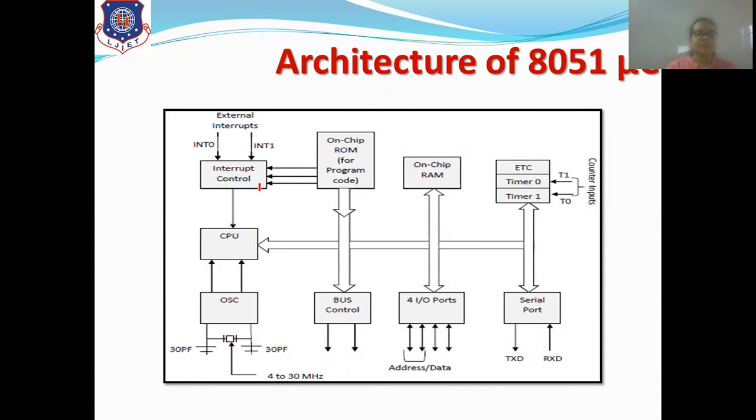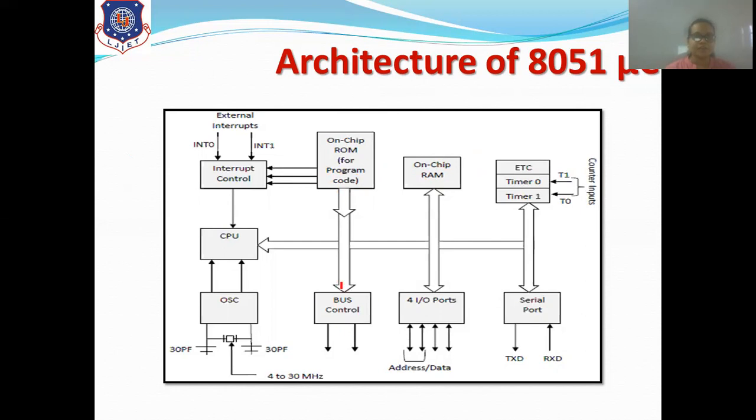Various peripherals are connected with the CPU. First is interrupt control, in which there are two external interrupts, INT 0 and INT 1, interrupt 0 and interrupt 1. Then it has on-chip ROM for program code and on-chip RAM for data memory, so it follows a Harvard architecture.